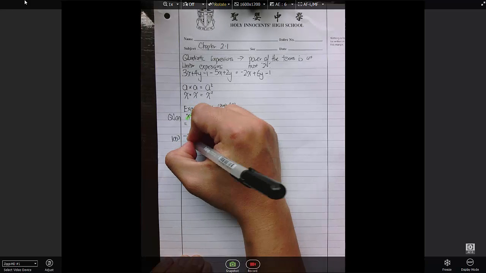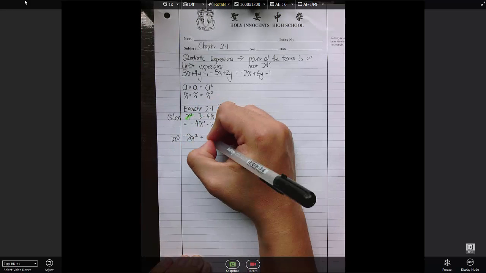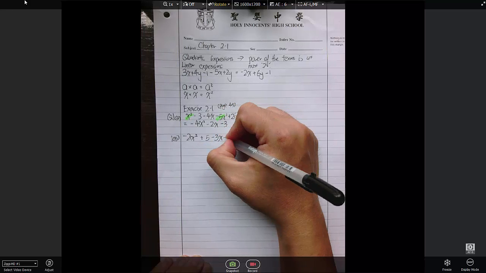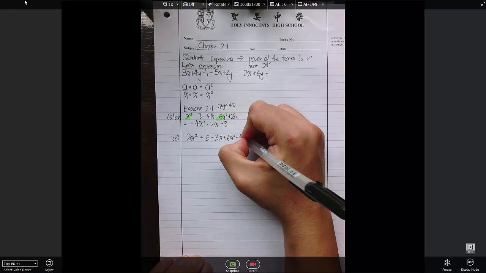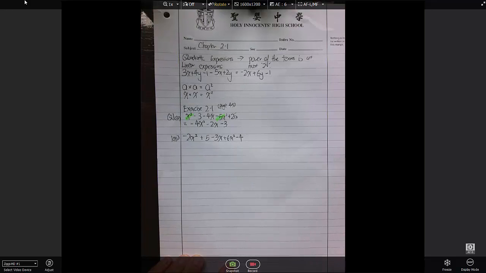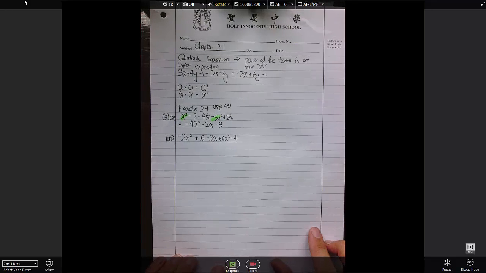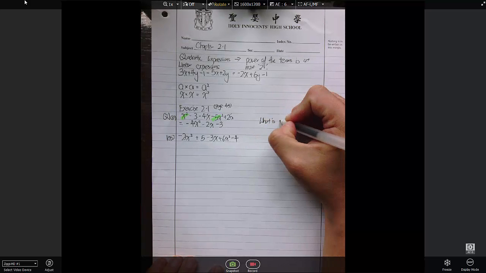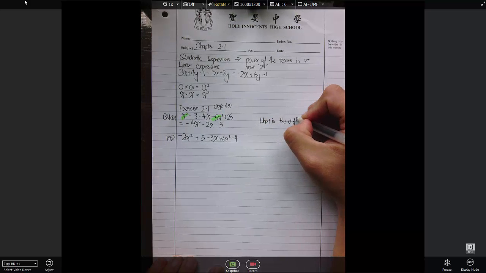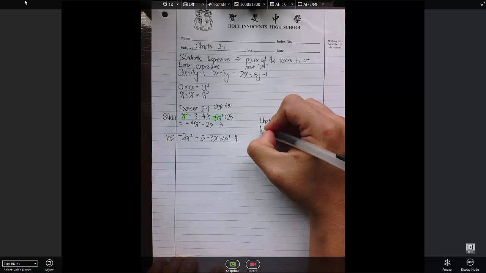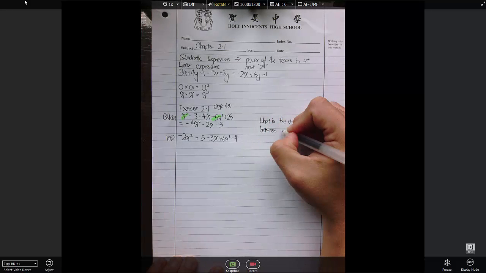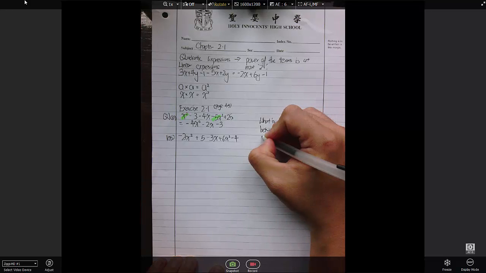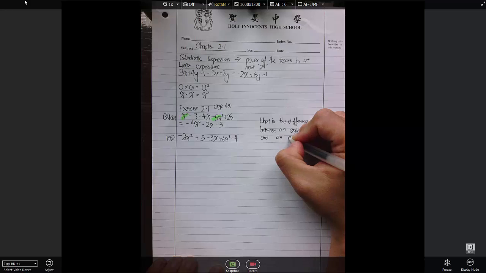1b is negative 2x squared plus 5 minus 3x plus 6x squared minus 4. But before I carry on, there's a question that I'd like you all to answer for me. What is the difference between an expression and an equation?